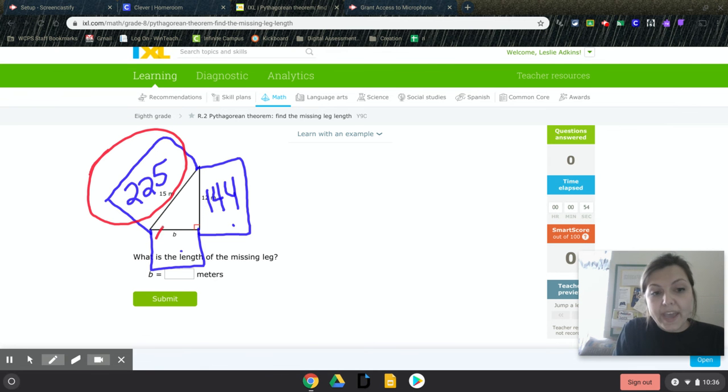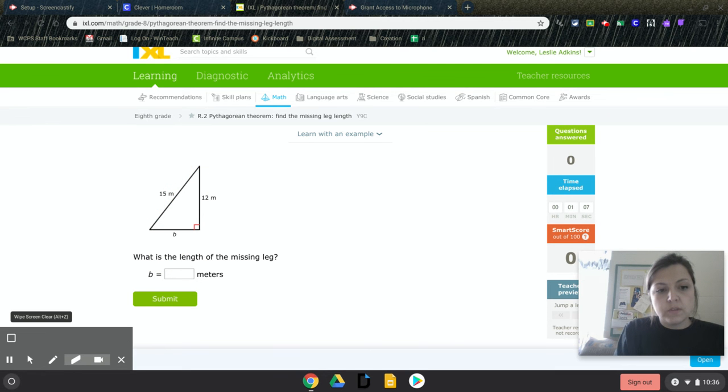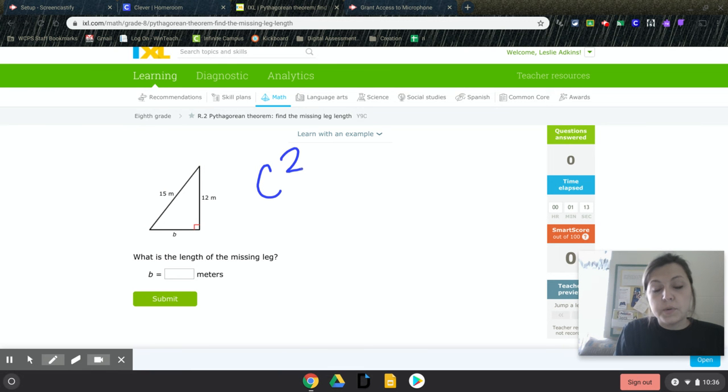So we know that if we add this one and this one, it should equal this one. So if we were solving for one of the legs, we just need to subtract. So the formula you could use for this one, now remember, some of you like to just fill it in, and that's fine. But if we rearrange our variables, we can use c squared minus b squared would equal a squared.